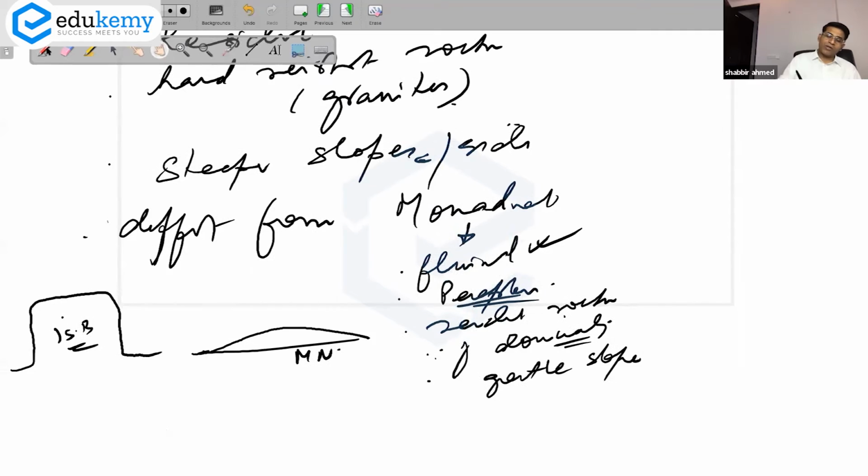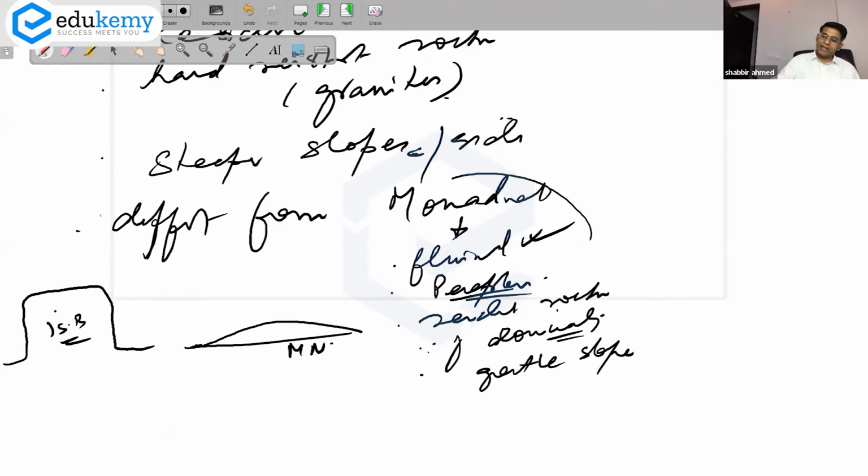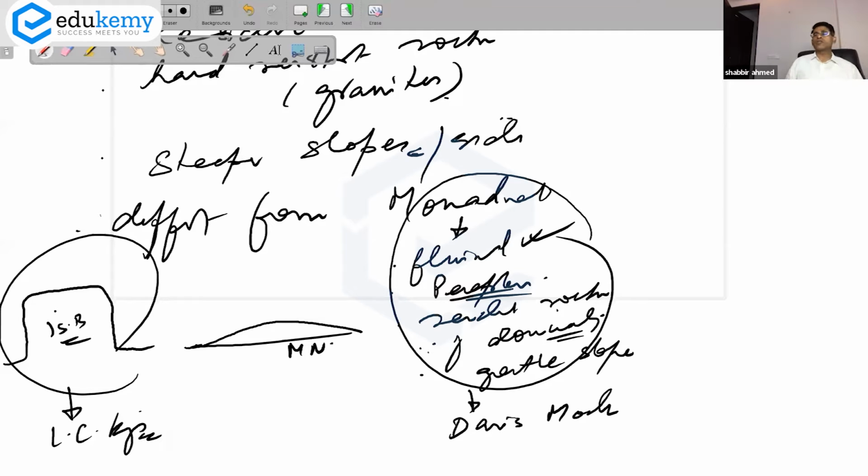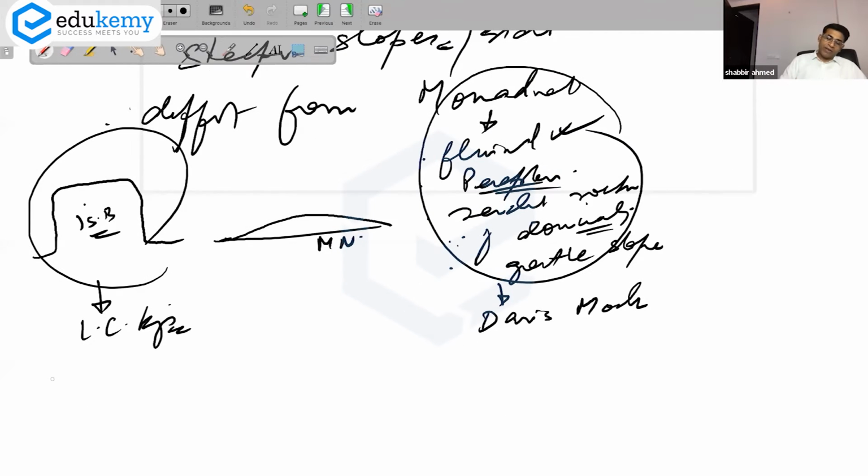So monadnocks essentially are identified with the Davis model, whereas Inselbergs are more identified with L.C. King's model, although Penck also has referred to them. But they're best explained by L.C. King's model.